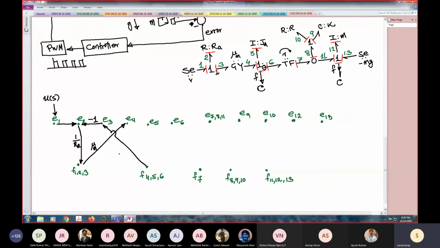So that relation is put. So that gyrator is complete.